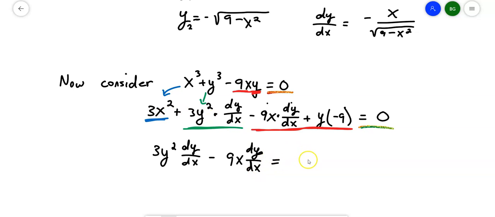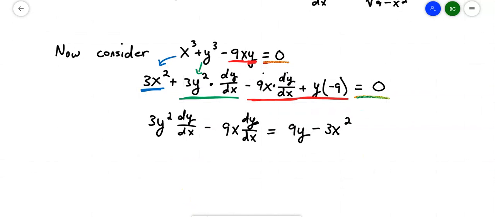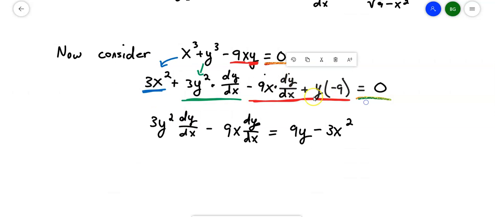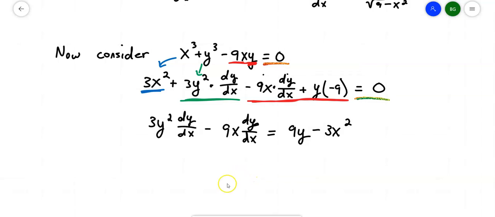So that's going to be, well, let's add the 9y and subtract 3x squared. All right, I think I took care of all my terms. I only had 4 terms, right? 1, 2, 3, 4. I still have 4 terms, so I'm good.